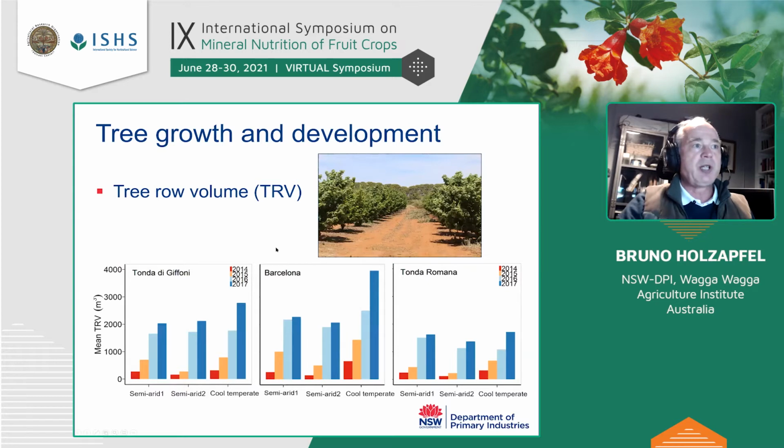So the tree growth and development during the establishment showed firstly a clear difference between varieties. Barcelona developed particularly well in the cooler climates, but there's also a difference between the two semi-arid climates in the development and growth.